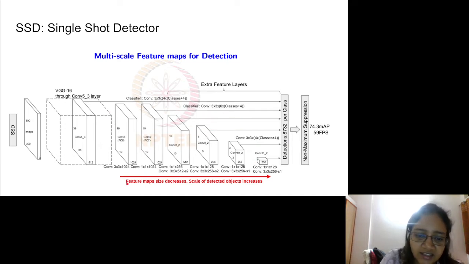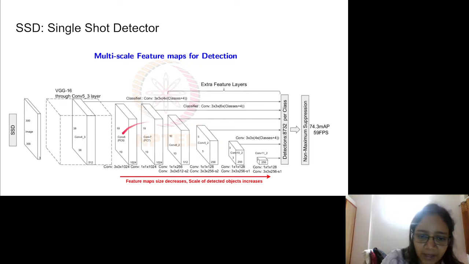And the idea is that you decrease the feature map size, and as that decreases towards the right, the scale of the detected objects increases. Why? Because if you have read through deep CNNs, the lower ones, the ones in the beginning, look at small things in the image. For example, last day I talked about detecting edges and corners and small things like that.